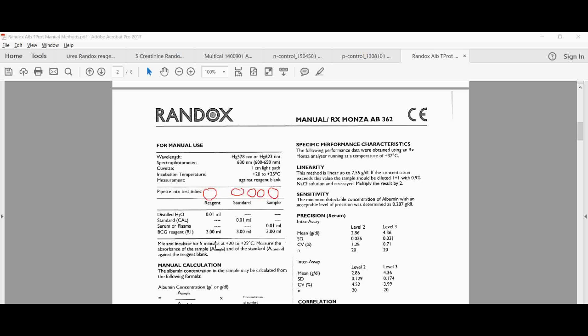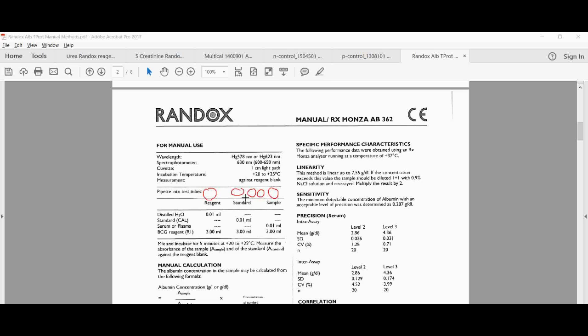So in each one of these 5 tubes, you're going to add 3000 microliters of reagent R1. And in each one of these, you're going to add specifically the analyte that you want to test, or the sample containing the analyte. So in the next tube, you're going to add 10 microliters of the standard.